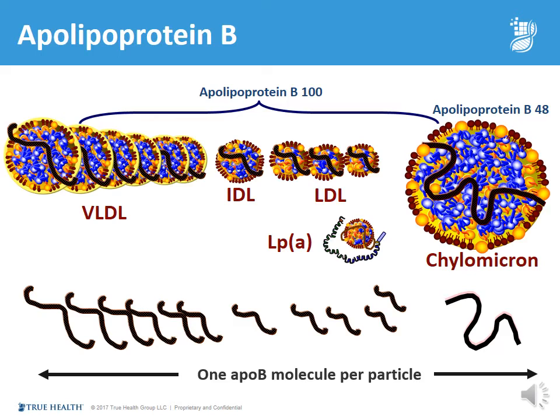So this diagram shows you the intact particles, but if we extracted the ApoB from them, you see them below, and they are amenable to assays in laboratories, and they would be reported in milligrams per deciliter. And basically, ApoB serves as an LDL particle count, because if you look at all those particles, the half-life of the LDL is several days, where the half-life of all those other particles is minutes to a few hours.